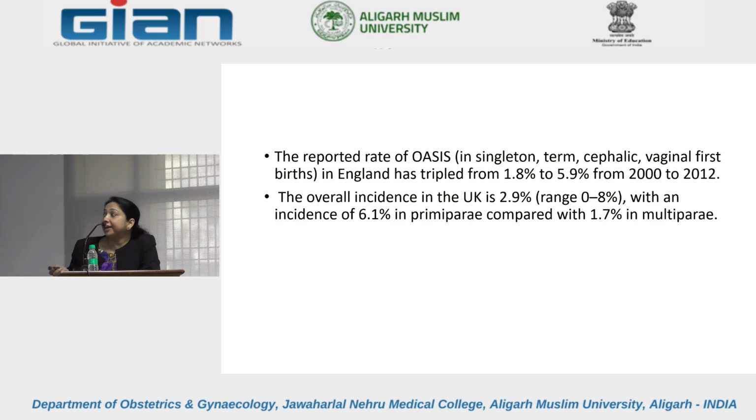The reported rate of OASIS in singleton, term, cephalic vaginal births in England has tripled from 1.8 to 5.9%. This is according to NHS data. The overall incidence in the UK is 2.9%, with an incidence of 6.1% in primiparous women compared to 1.7% in multiparous women.